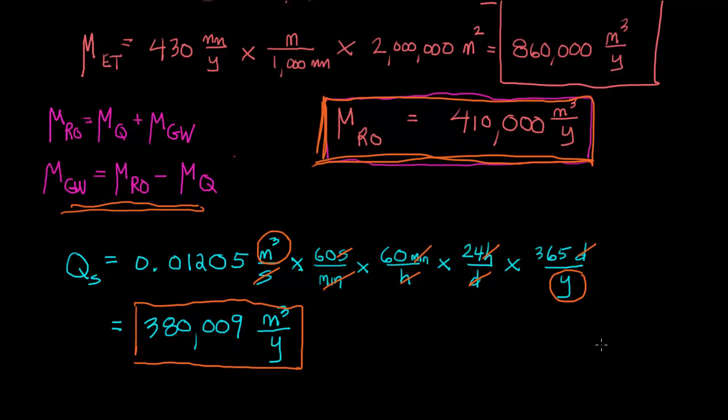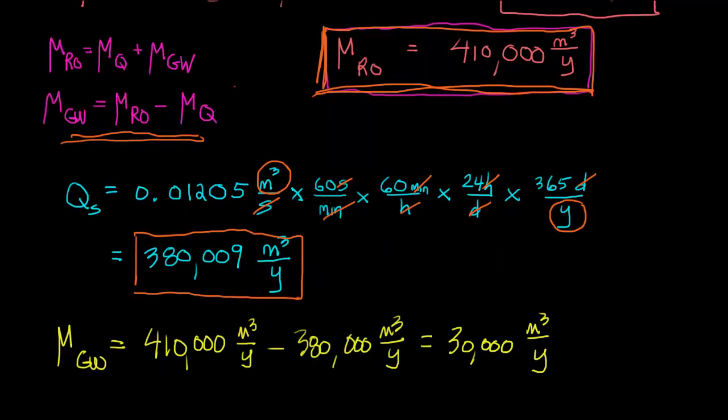So let's just do that and we're done. Heck, we can almost do that in our head. So we get 410,000 minus essentially 380,000, and that leaves a difference of 30,000 cubic meters a year, which is the groundwater flow lost from the watershed per year. And we're done.